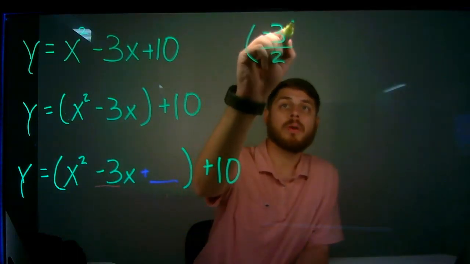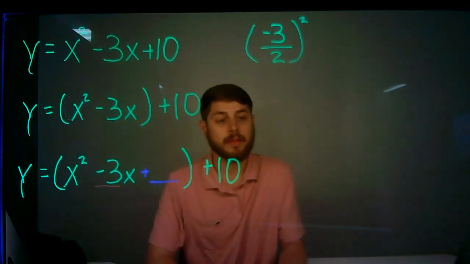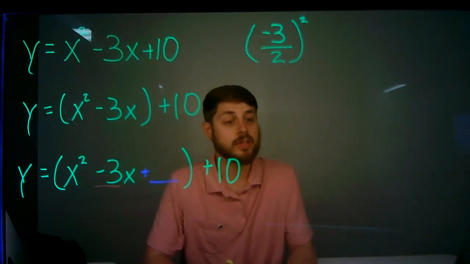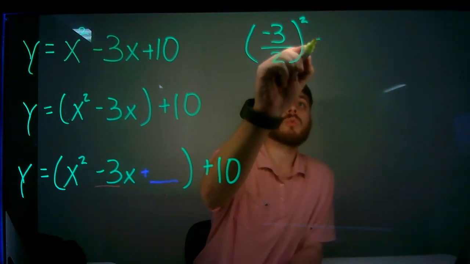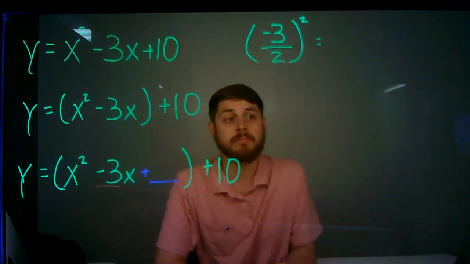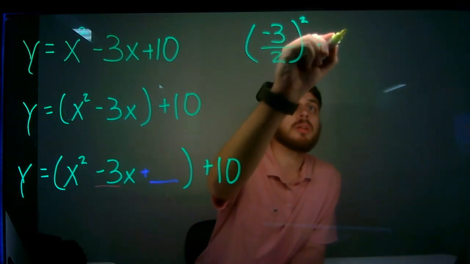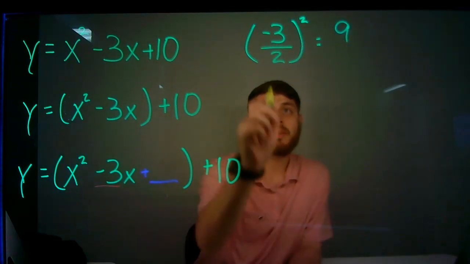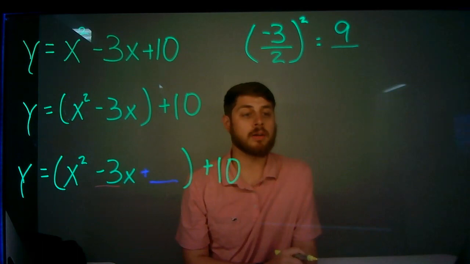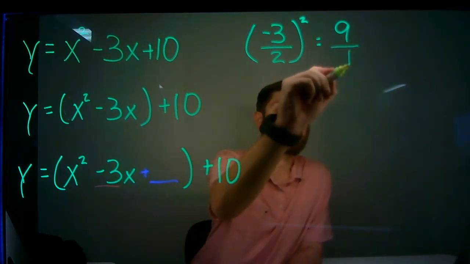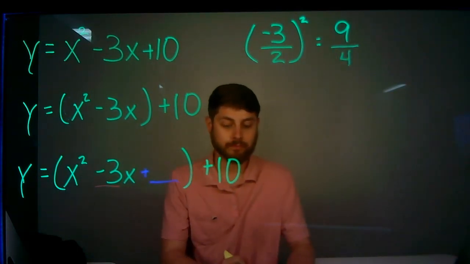After that, we're going to square that value. Since it's a fraction, we square both the top and the bottom. So negative 3 squared is 9, and in the bottom, 2 squared is 4.